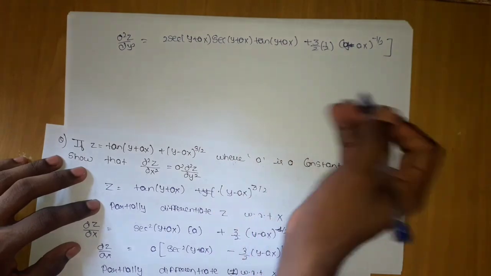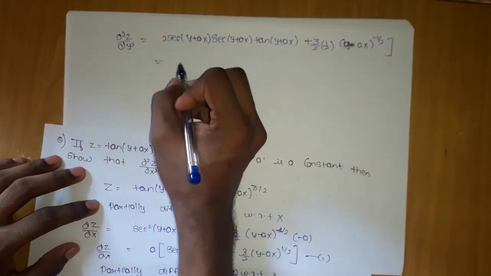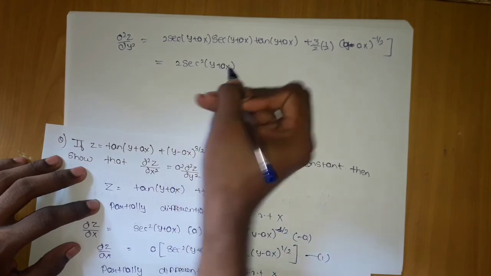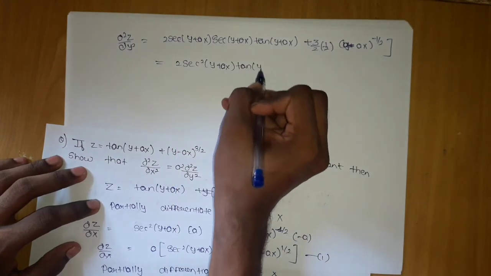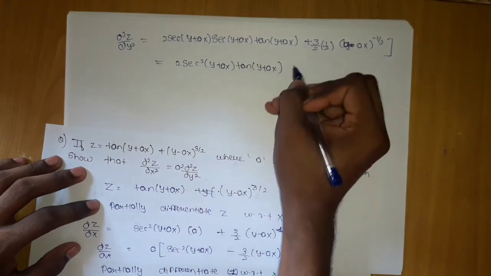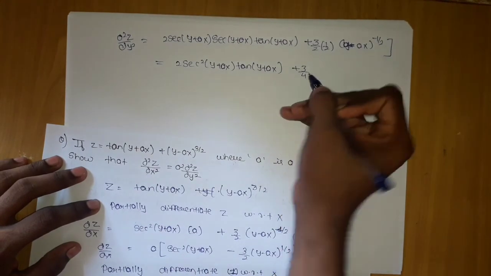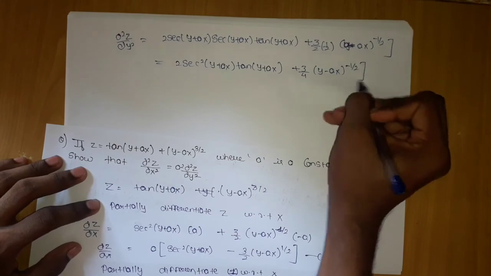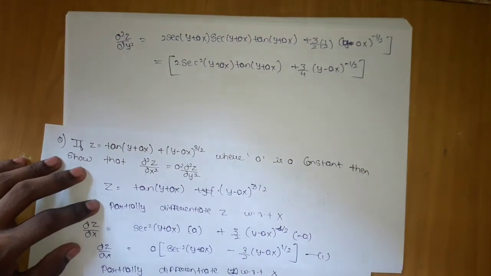Tan is there, and there will be no a since we are differentiating with respect to y. So 2 sec²(y + ax) tan(y + ax) plus 3/4 (y - ax)^(-1/2). So we got this thing.